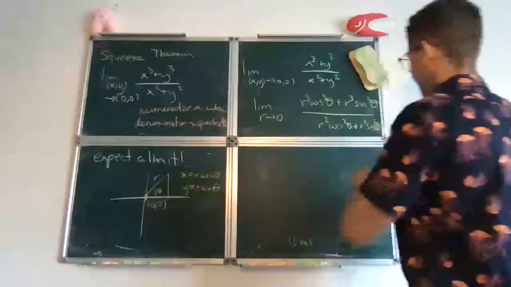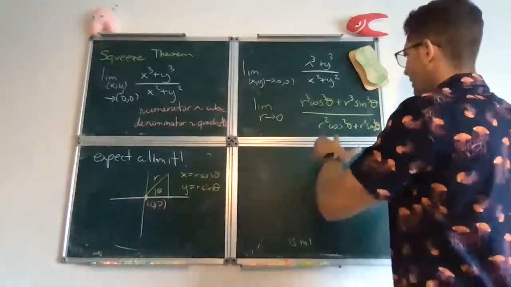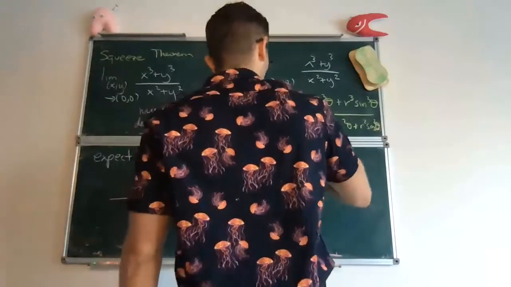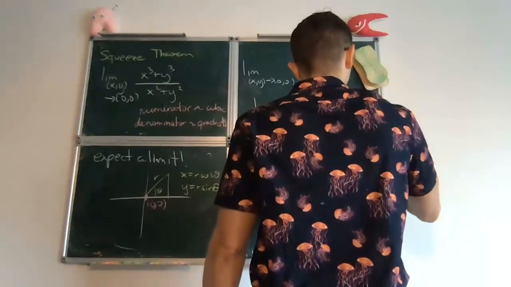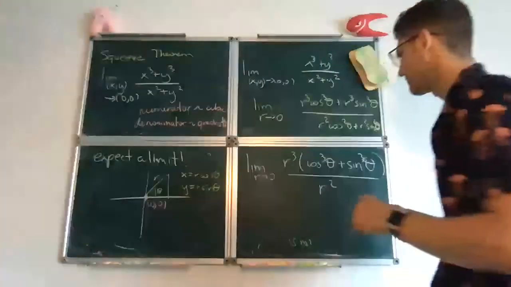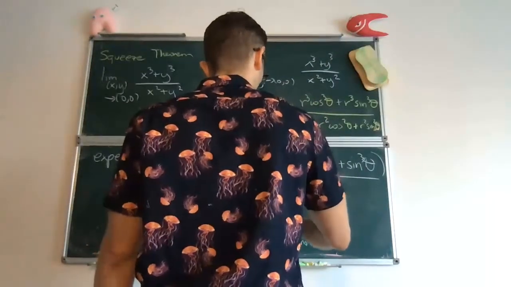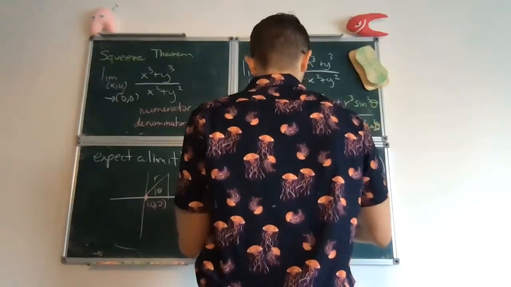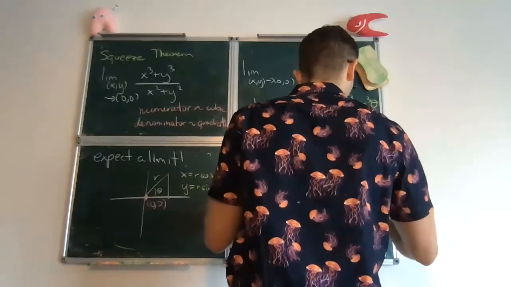And now the point is that you can factor out r squared, so you get cosine squared plus sine squared, which is just 1, and so you get r squared in the numerator and in the denominator. And so this gives you the limit as r goes to 0 of r times cosine cubed of theta plus sine cubed of theta.